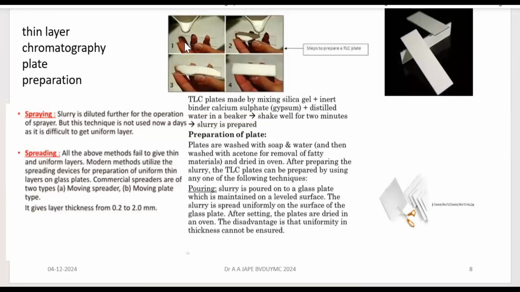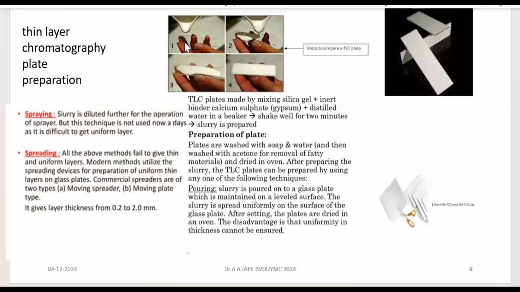It can also be done by spraying. So the slurry is diluted and with the help of sprayers, we are going to develop a uniform thin layer. So either by spraying or spreading, we are going to have a thin uniform layer.